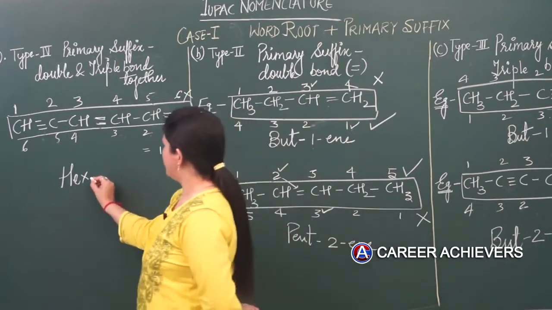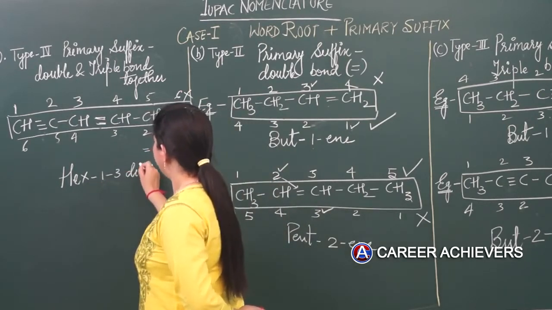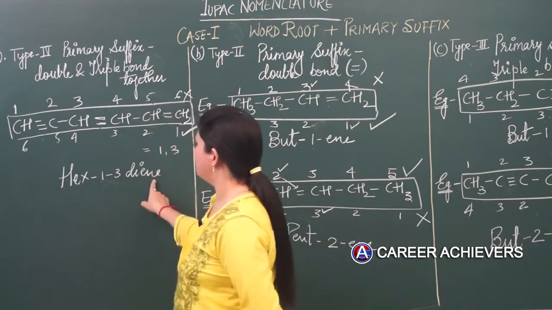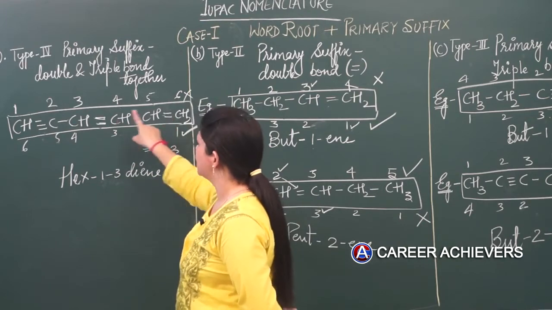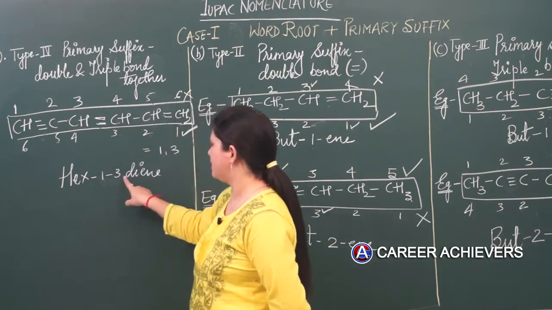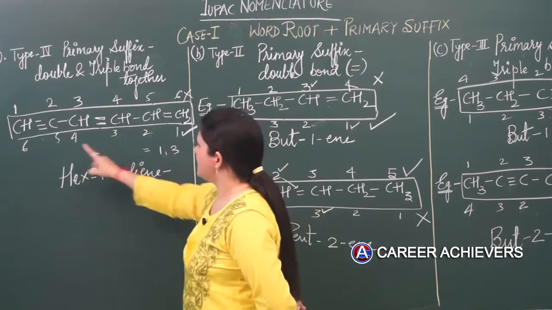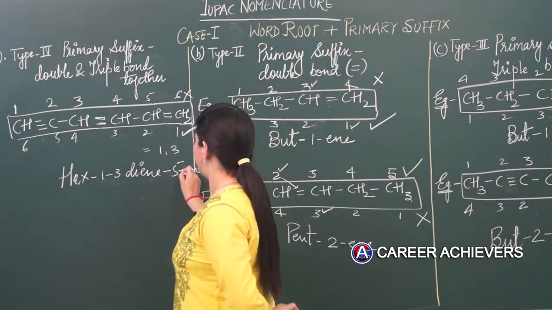So the correct name of this molecule is hex-1,3-diene-5-yne. Why diene? Because at the first and third carbons, a double bond is present twice. So that is why hex-1,3-diene, and at the 5th carbon your triple bond is present, so 5-yne.